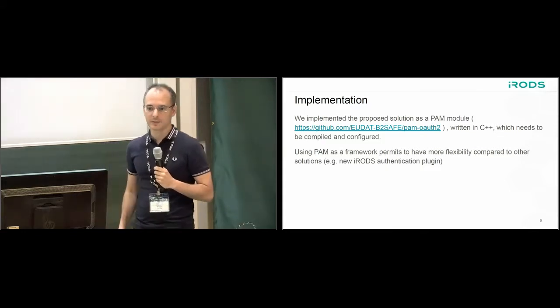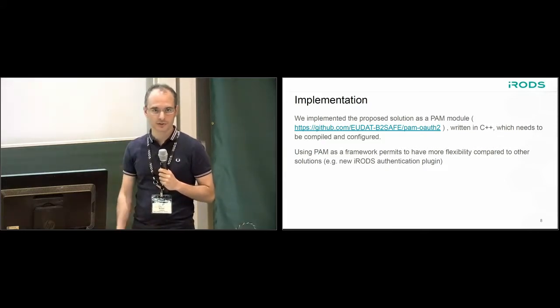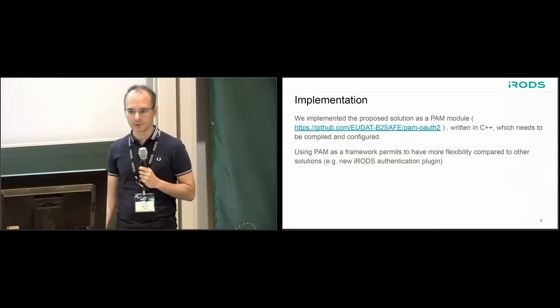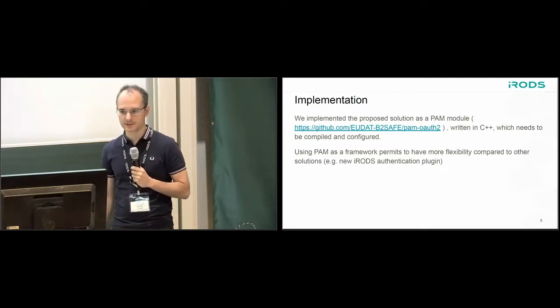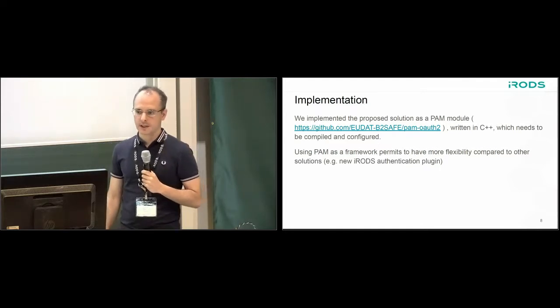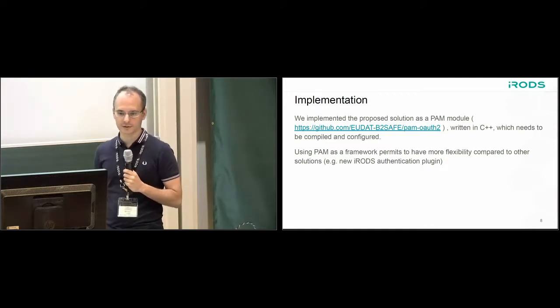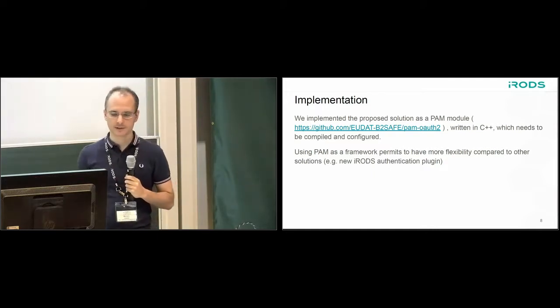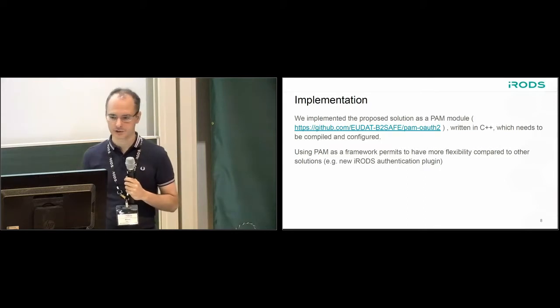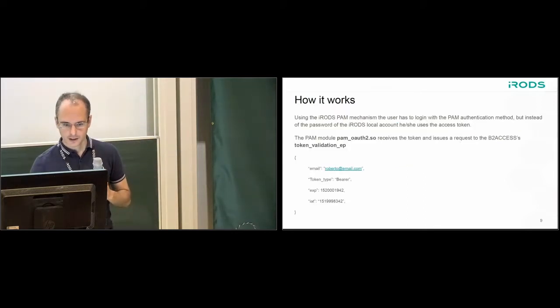We implemented the proposed solution, what we described before, using a PAM module written in C++, which can be compiled and configured. This is very useful to have flexibility compared to other solutions, for example, instead of creating a new iRODS authentication plugin. How does it work?